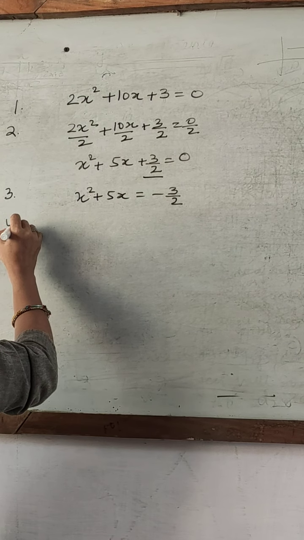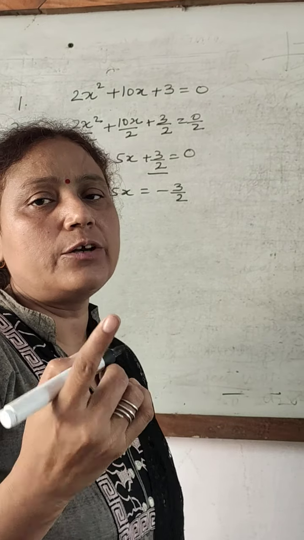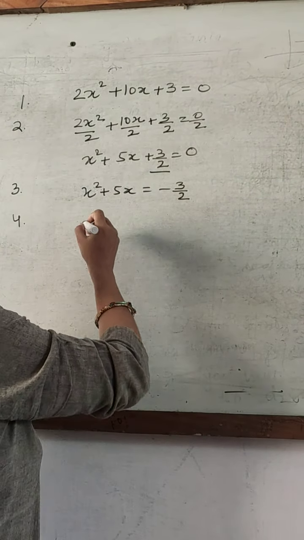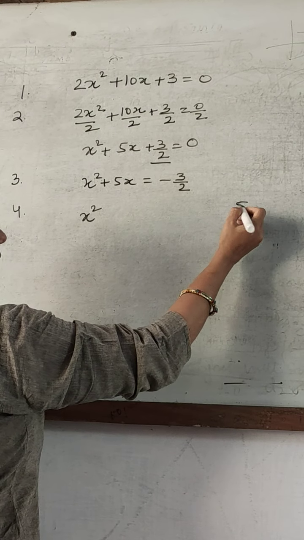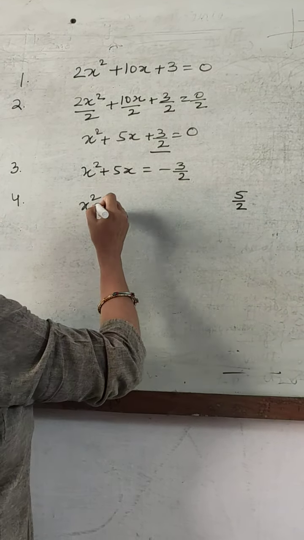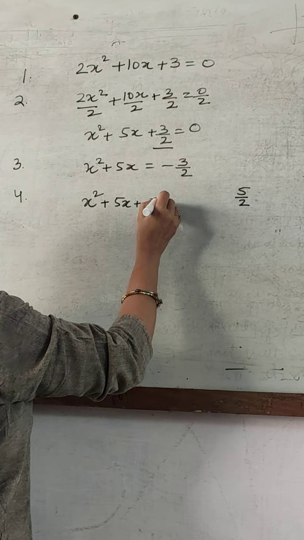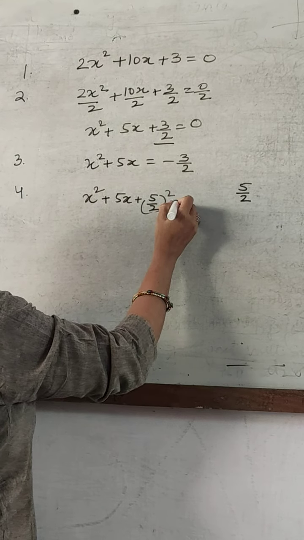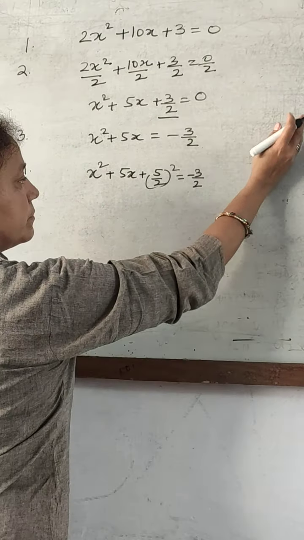Now the fourth step says we have to add the square of half of the coefficient of x on both the sides. So here the coefficient of x is 5, so its half will be 5 by 2. So plus the square of half of the coefficient of x on both the sides.